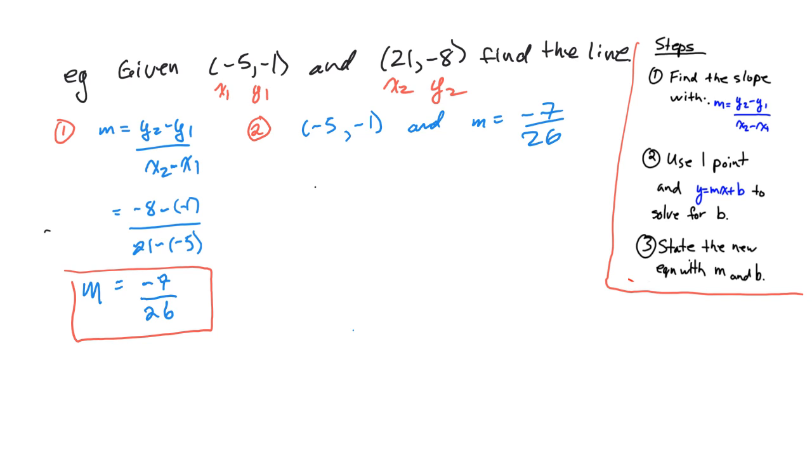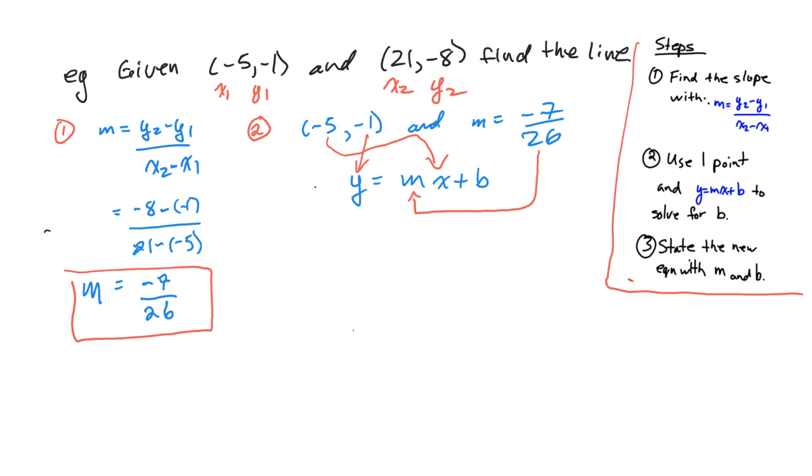So now let's substitute into our equation. We substitute into y is equal to mx plus b, where our y goes here, our x goes here, and our m goes right here.